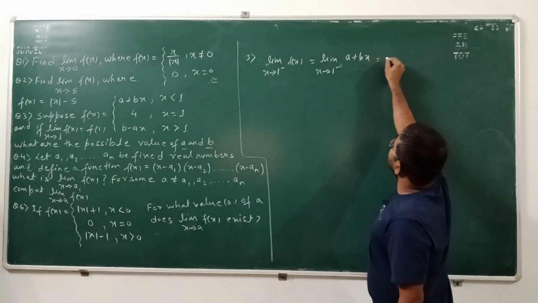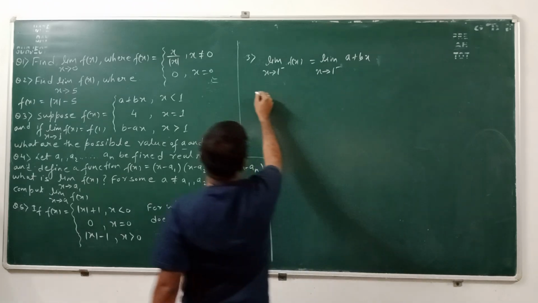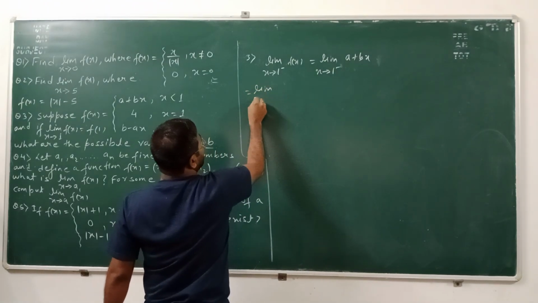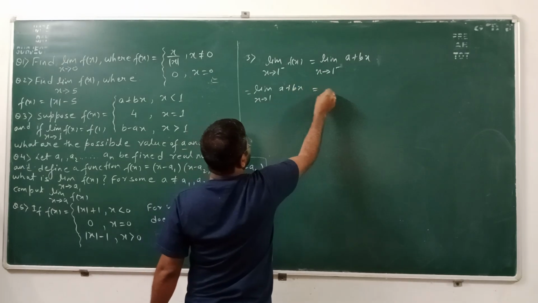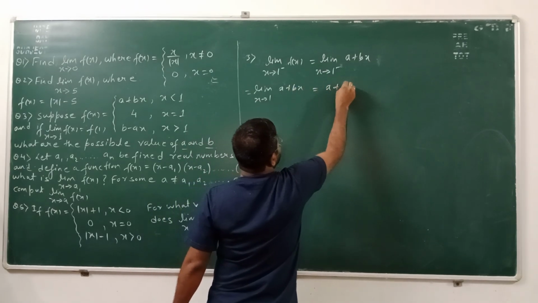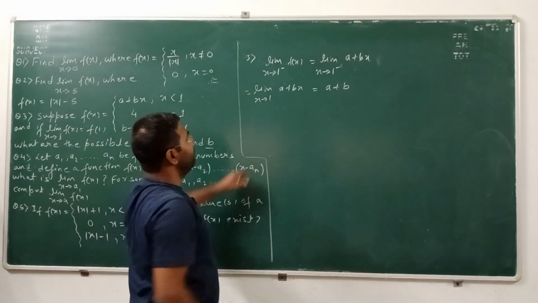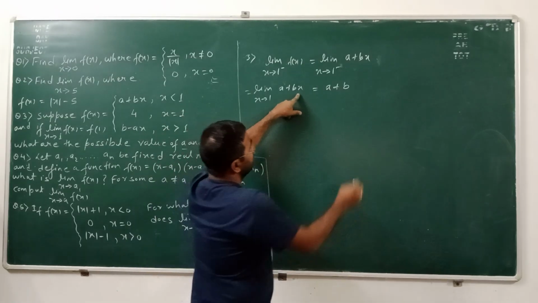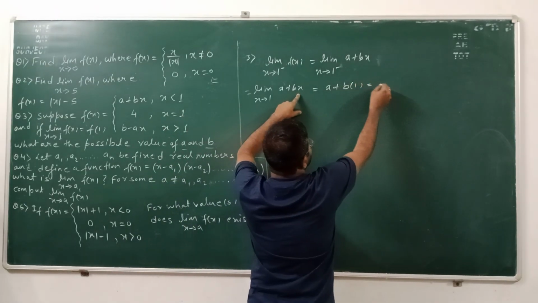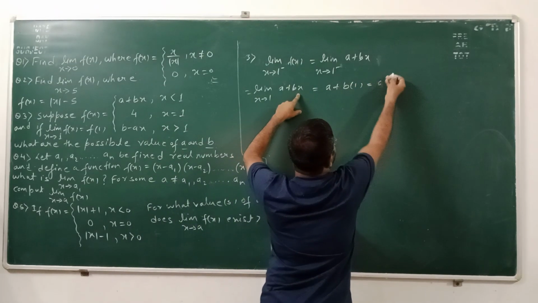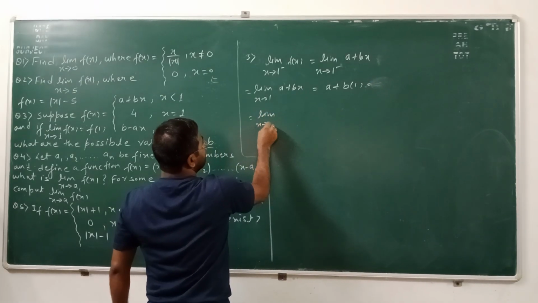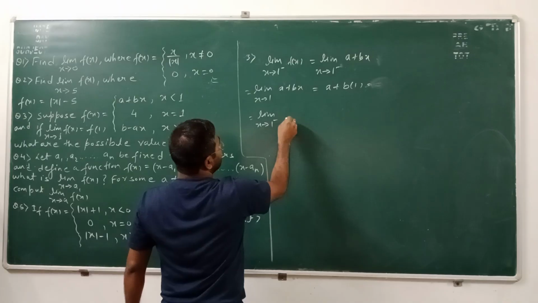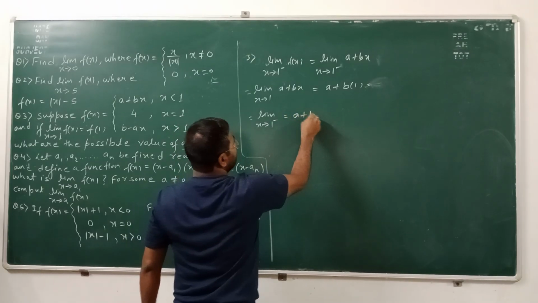Now this will be equal to limit x tends to 1 of a plus bx. When we put 1 in place of x, a plus b will come. So the limit as x tends to 1 negative will be a plus b.